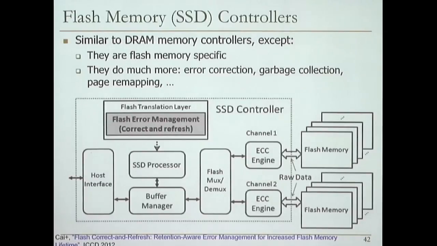So this is one example. We're not going to cover this in detail, but this is a modern SSD controller. It's similar to a DRAM controller, except it's flash memory specific, right? And they do much more: error correction, garbage collection, page remapping. In fact, there's a little buffer manager over here. And you guys know what that buffer is? It's actually DRAM. There's a little DRAM buffer over here.